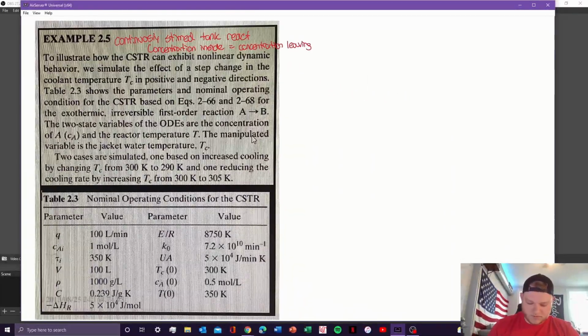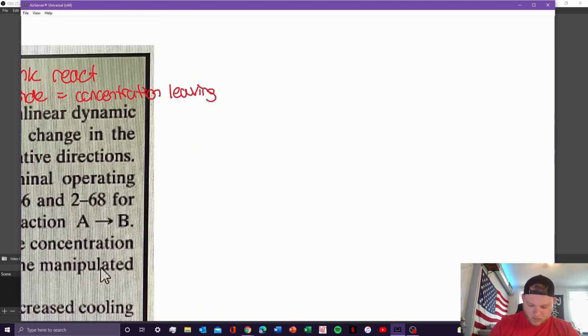Okay, so let's make a quick diagram of what we're working with here. We have a tank that is continuously stirred. There's our stir.